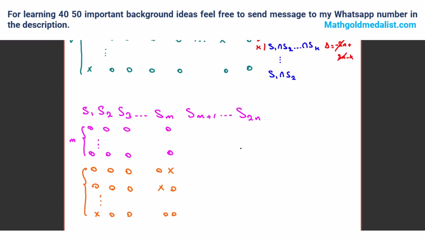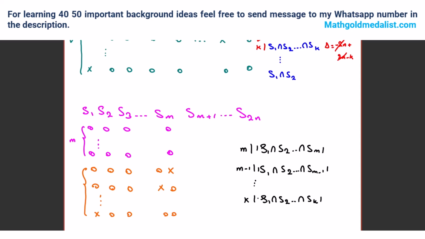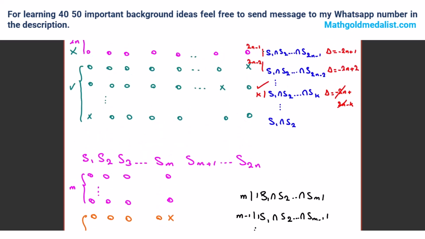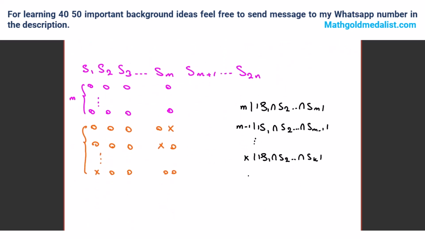So we know that m should divide S1 intersect S2 to Sm, right? M minus 1 should divide S1, S2 to Sm minus 1, number of elements. Then again here we can say K should divide S1 to Sk. And here also we should place this to mean number of elements. So here until 2.